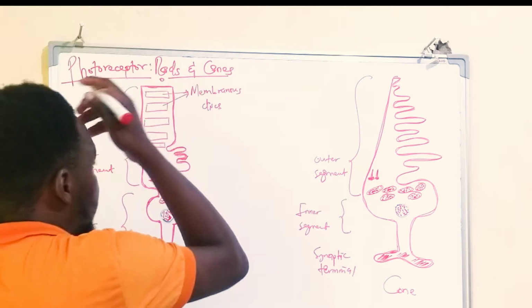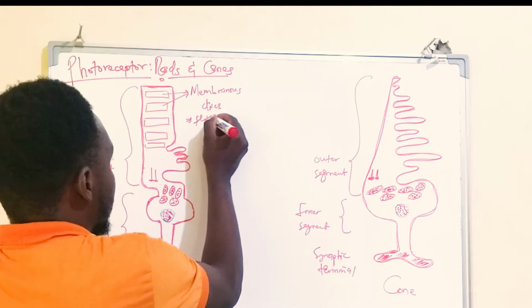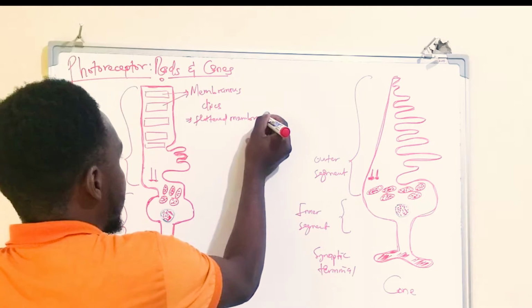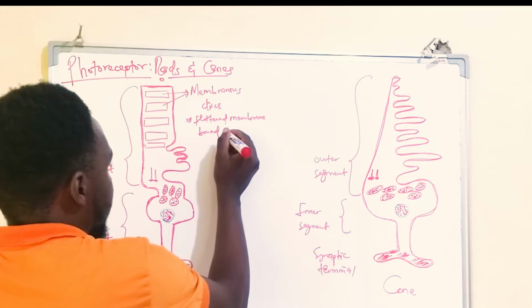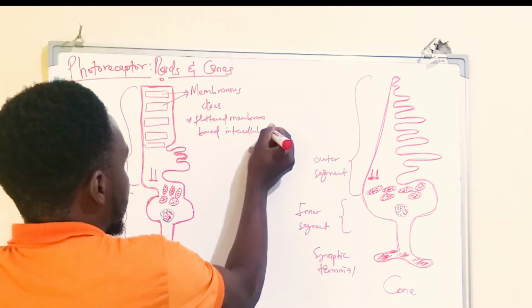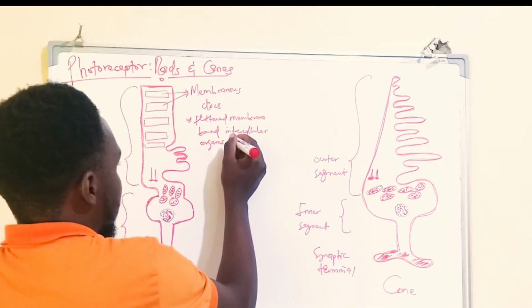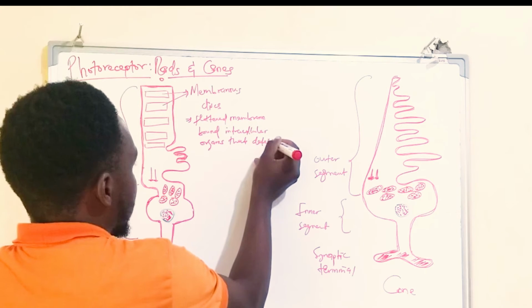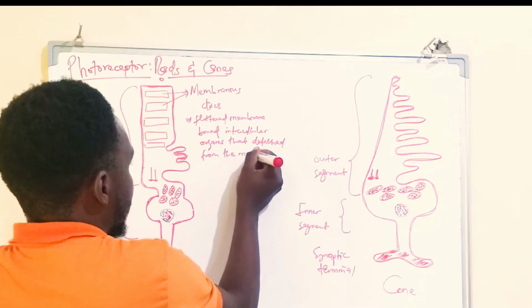These are simply membrane-bound, flattened intracellular organelles that detach from the membrane.